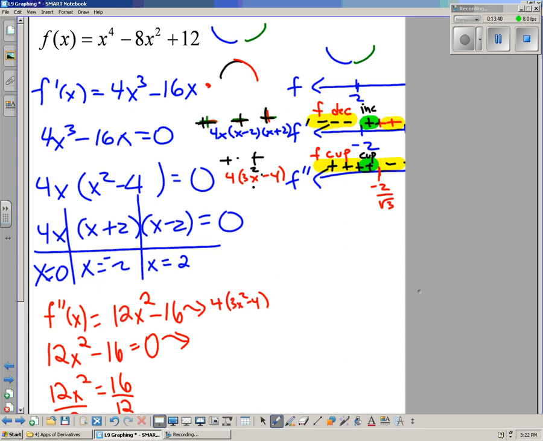So the function is still increasing, but the function is concave down. So we're going up the hill, but we are concave down, so we are a part of a sad face. So this little guy is increasing concave down. So we're going to clone this. That's going to be our next portion of the curve.